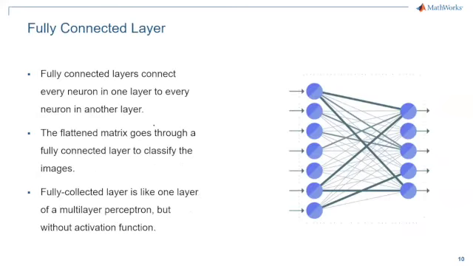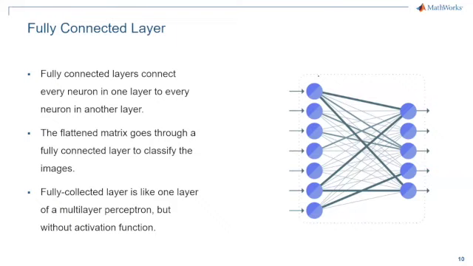The fully connected layer connects every neuron in a layer to every neuron in another layer. So it is the same as the traditional multi-layer perceptron, but in this case you don't have the activation function. The fully connected layer usually goes at the end of the network.